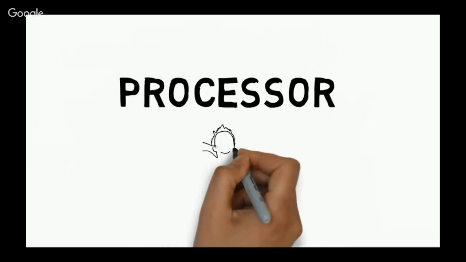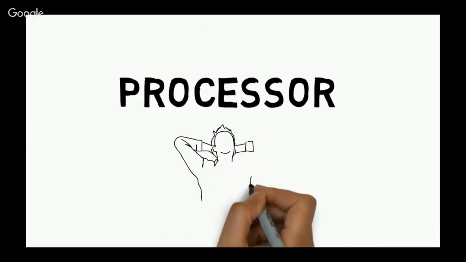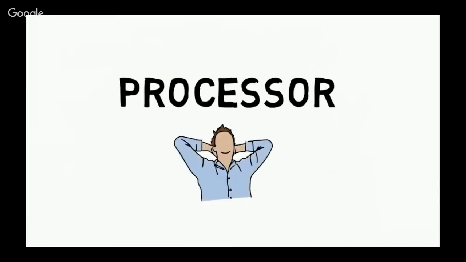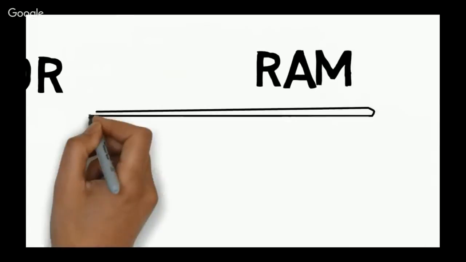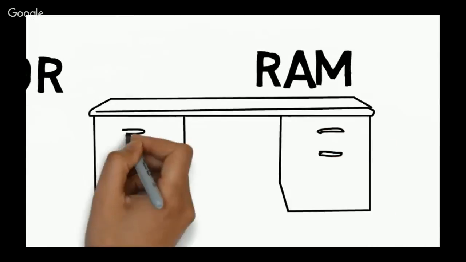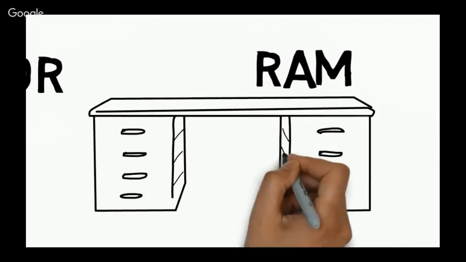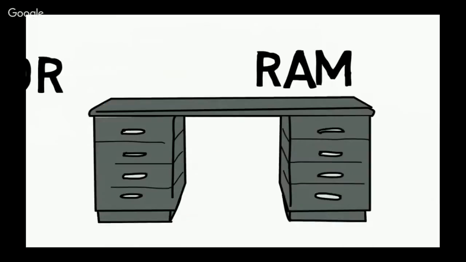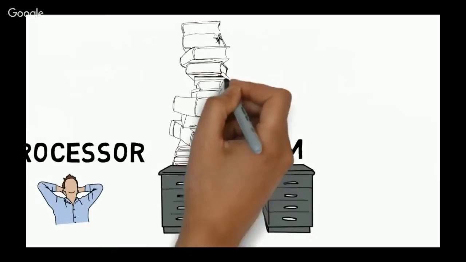They are the one who goes to the bookshelf, decides what books to put on the shelf or to put on the desk, and what books to read when they're on the desk, and what to do with the information. The RAM would be the desk. So you have a nice big desk and you can fit so many books on there. So it's quicker for you to store the books that you're currently using on the desk rather than going back and putting them onto the bookshelf every time.